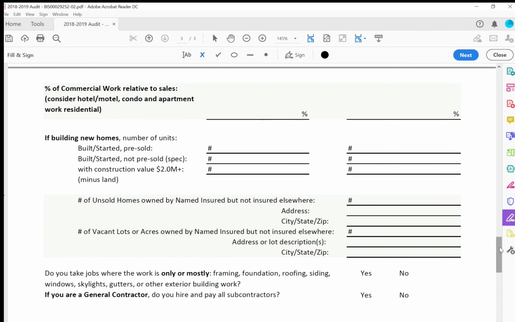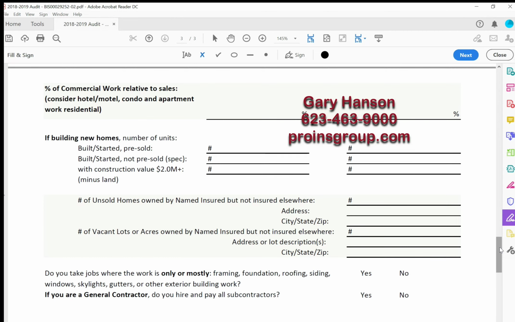Percentage of commercial work. This is really important to make sure that your policy is covering you adequately for the work you do. A lot of contractors want to get jobs. They want to stay busy. They want to keep their crews busy. Maybe they're a general contractor that builds a home sometimes, and sometimes they might do framing for other contractors.